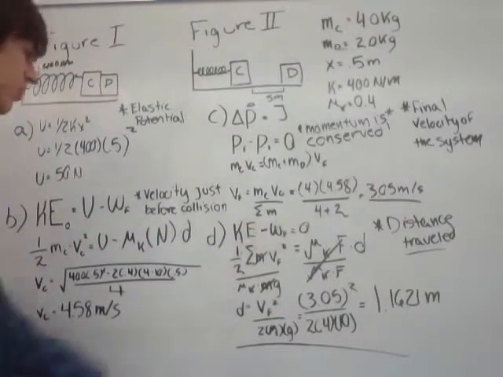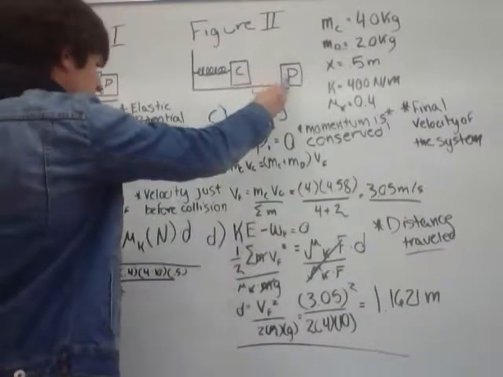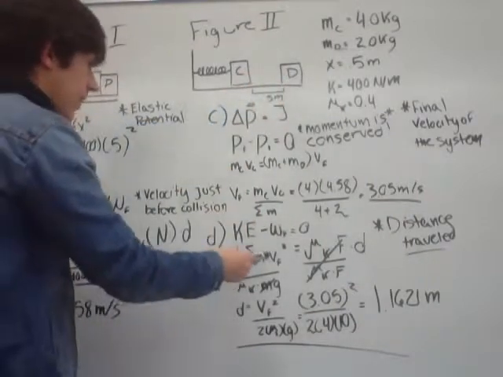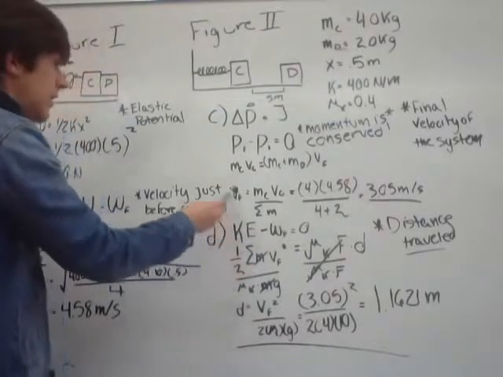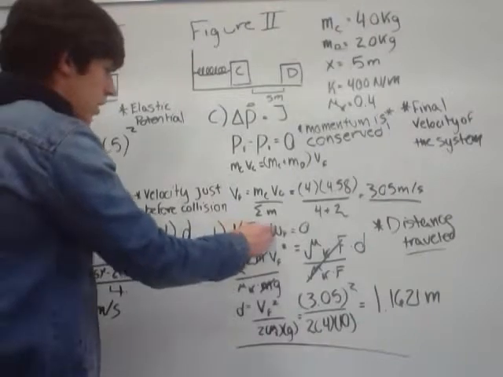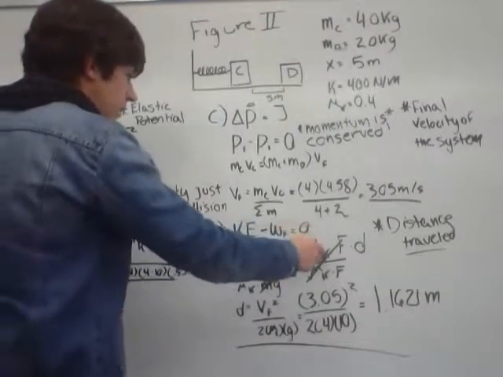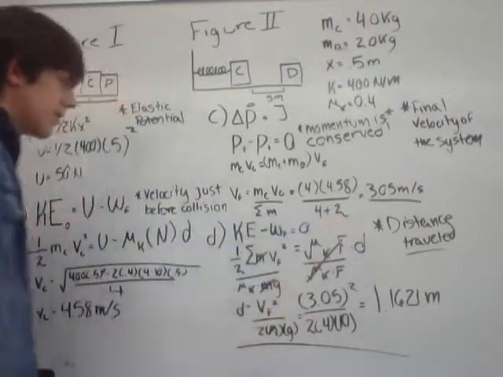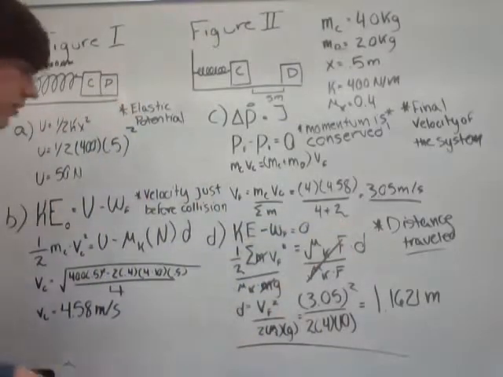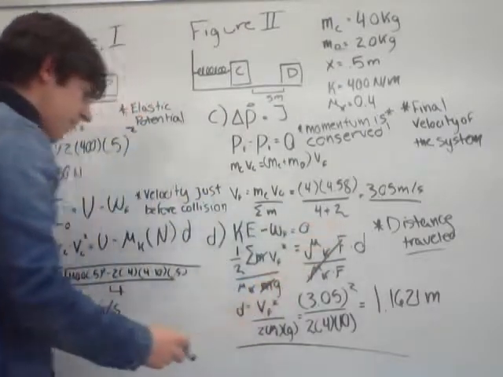Then after that, it's just plugging in 1/2 times the sum of the masses, because it is both block C and D, multiplied by the final velocity, which we just calculated in part C. And we equate that to the work of friction, which we already have established is the mu kinetic times the force multiplied by distance. And since we're looking for distance, we just divide by the mu of kinetic times force.